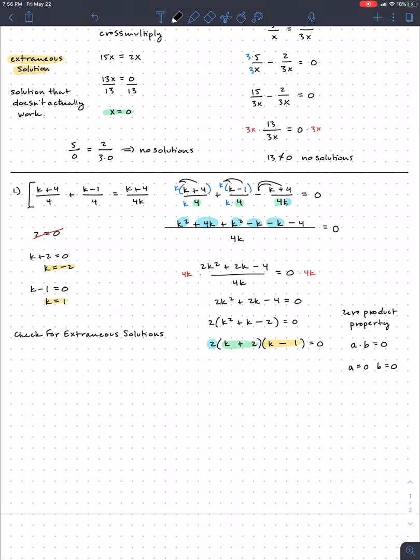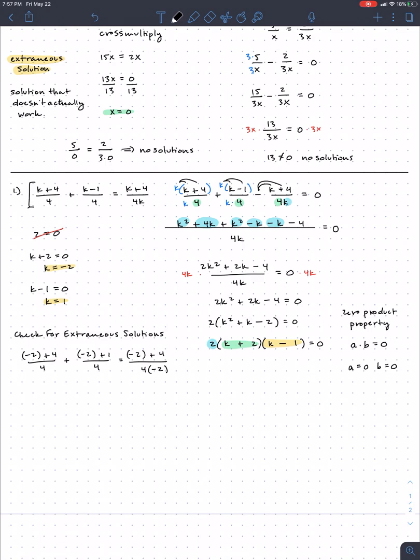Okay, so I'm going to plug in negative 2. So negative 2 plus 4 over 4 plus negative 2 plus 1 over 4, equals negative 2 plus 4 over 4 times negative 2.